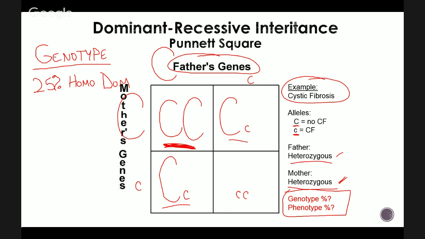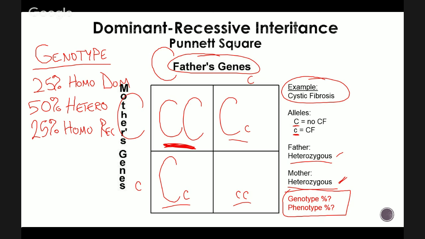What about this one? What percent? 50% is what? Yep, heterozygous. Okay. And then what about the remaining 25%? Okay, so those are the genotypes.